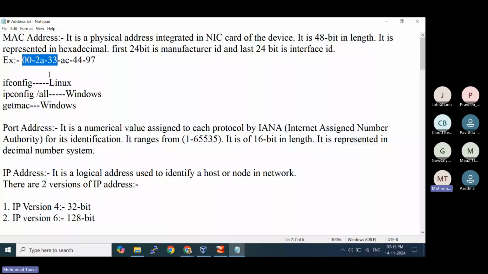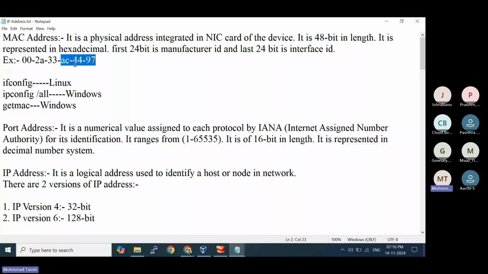So half of the MAC address always refers to the manufacturer ID. If we have two network interface cards from the same manufacturer, then half of the MAC address will be the same. Okay, and the remaining is the device ID, so it will change randomly.